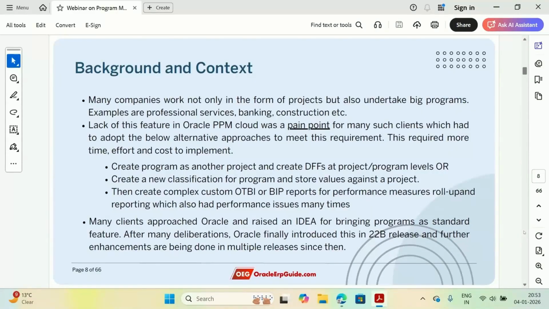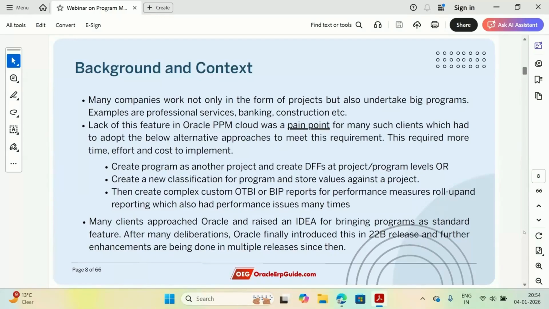What they used to do, and maybe some of you might have done that also, is create a program as any other simple project and create DFFs, descriptive flexfields, at the project level. Another approach was using project classifications, class categories and codes.